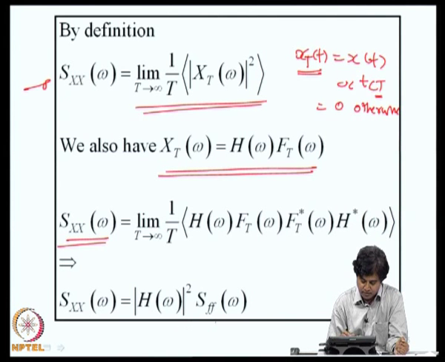Thus, I have now the output power spectral density function S_xx of omega in terms of the input power spectral density function S_ff of omega, and this is obtained by multiplying the input power spectral density function by the square of the amplitude of the frequency response function of the system.